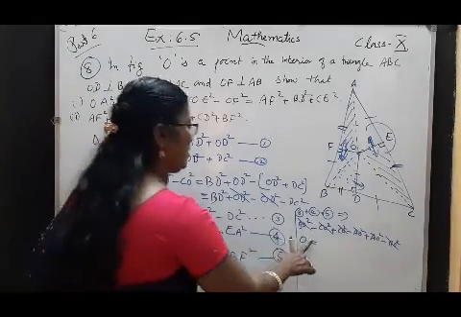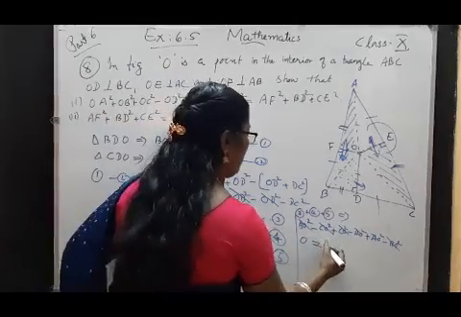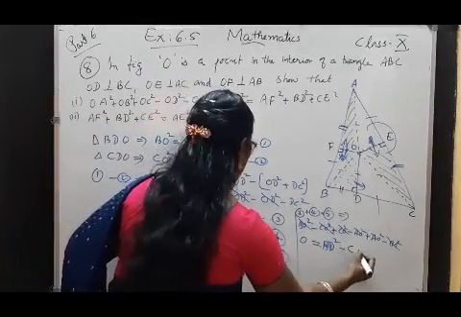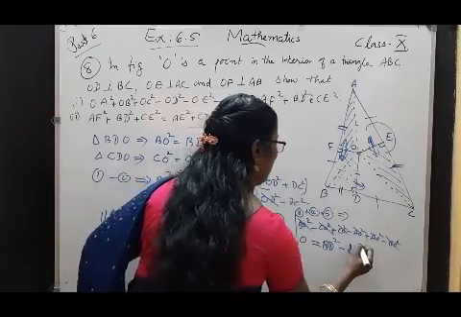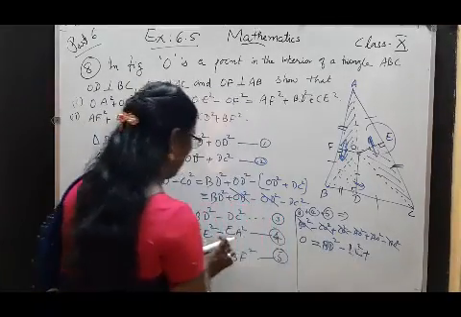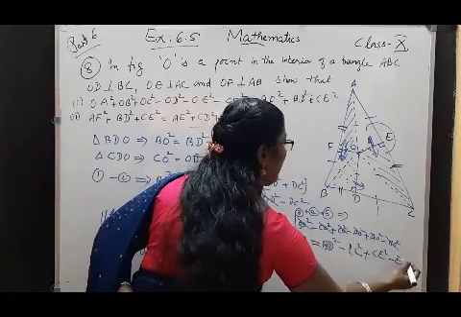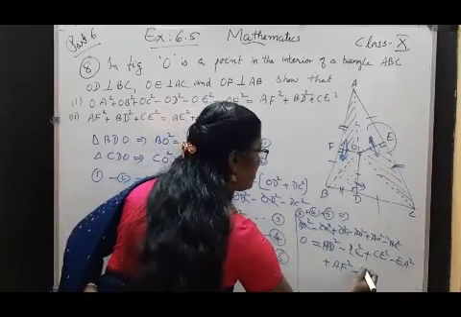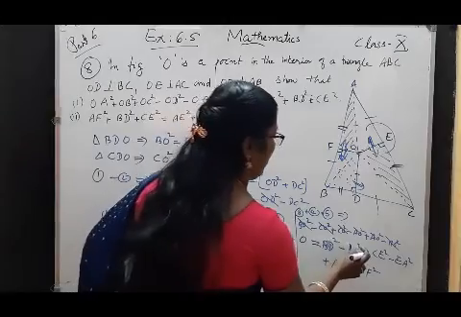What about the right hand side? BD square minus DC square plus CE square minus EA square plus AF square minus BF square. Only the right hand side.